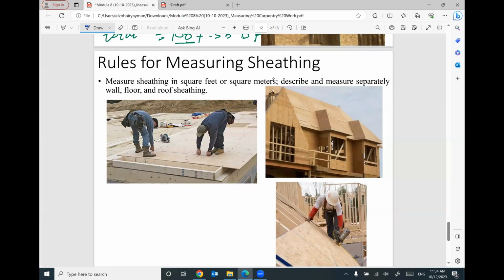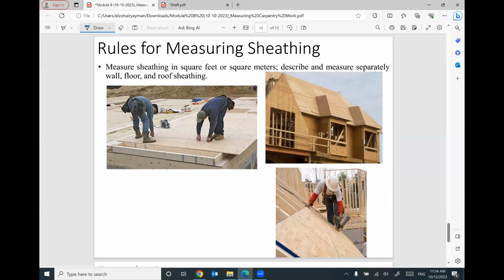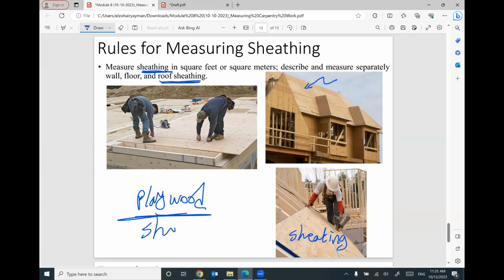Sometimes we measure the wood using area, for sheathing. If you would like to cover the front elevation of your building, or make sheathing for the roof after you construct your truss, we will do sheathing. In this case, we are going to use a different material, roof sheathing or plywood sheets.